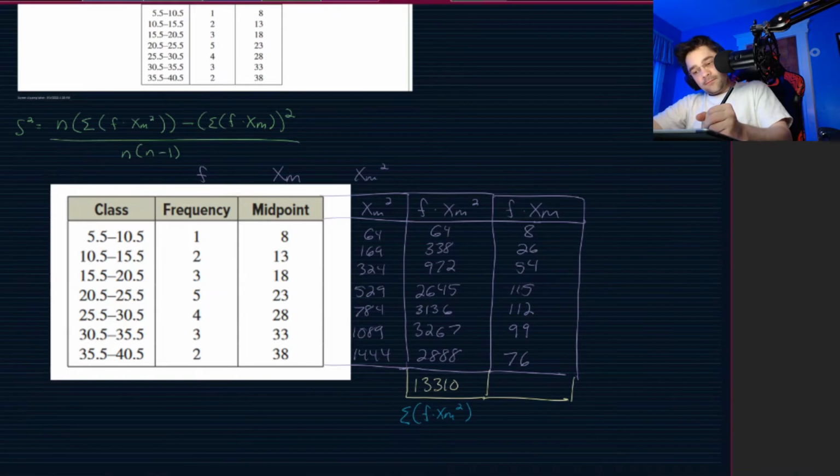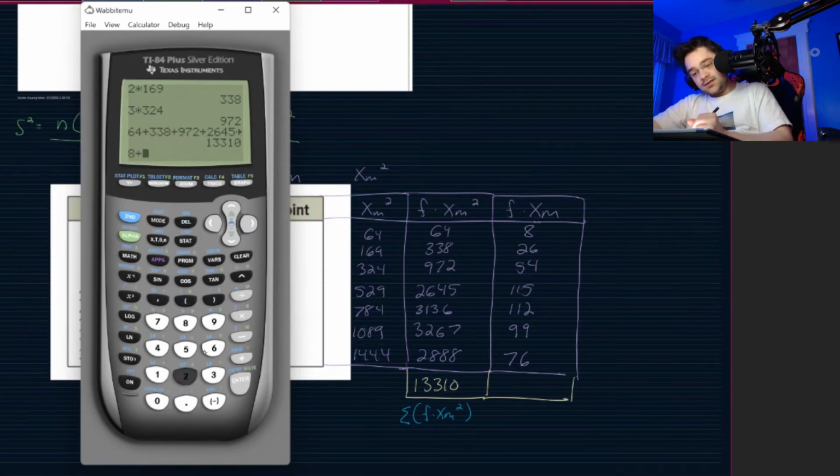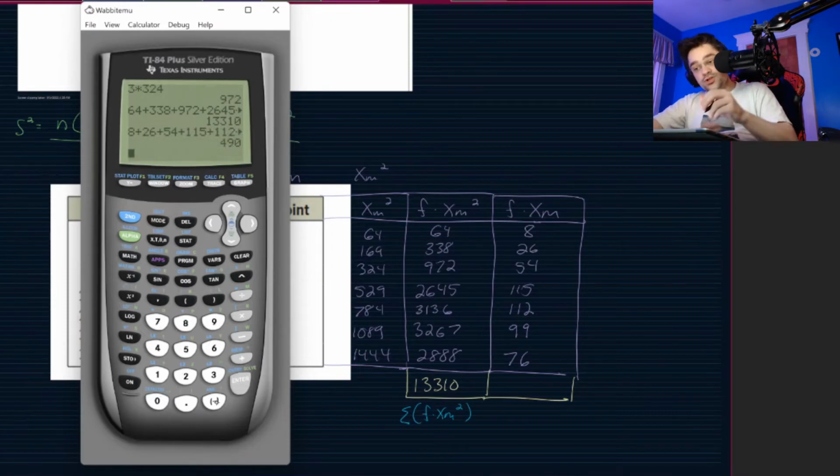And this one right here, the sum of all the f times xm's, let me add these up. 8, 26, 54, 115, 112, 99, and 76, which is 490.